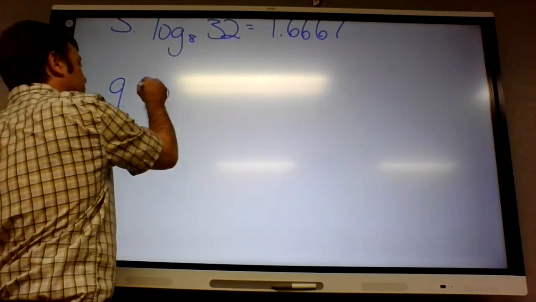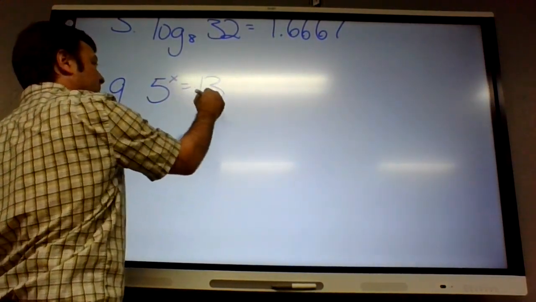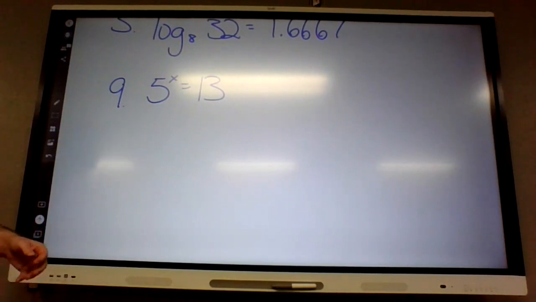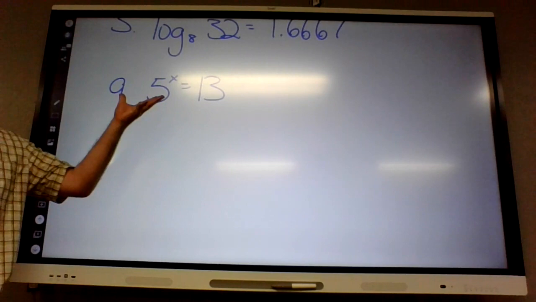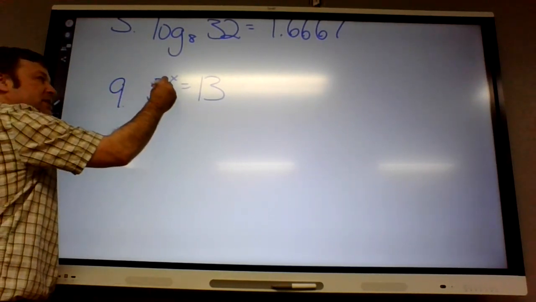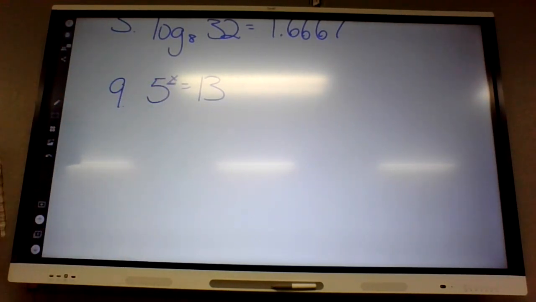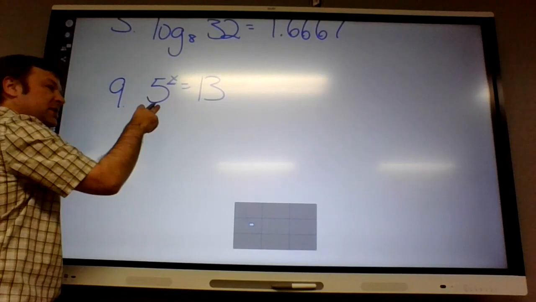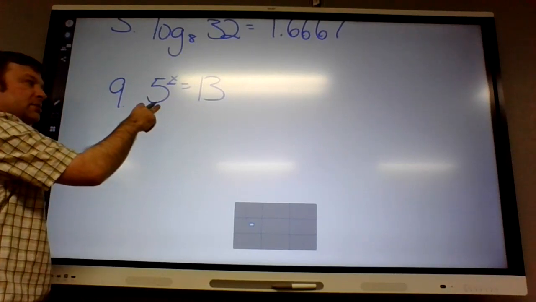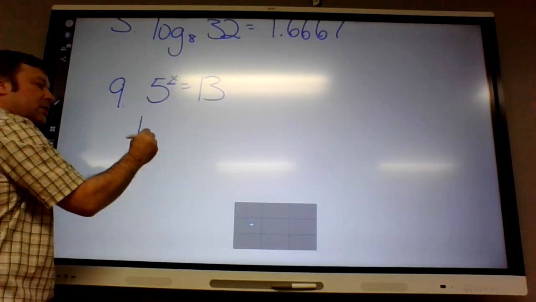So you guys need to pay attention. This is the part where I have to use our brains a little bit. If you are solving an exponential equation where the variable is in the exponent, this is what logs were created to do. So what we're going to do is change the exponential equation into a log equation.